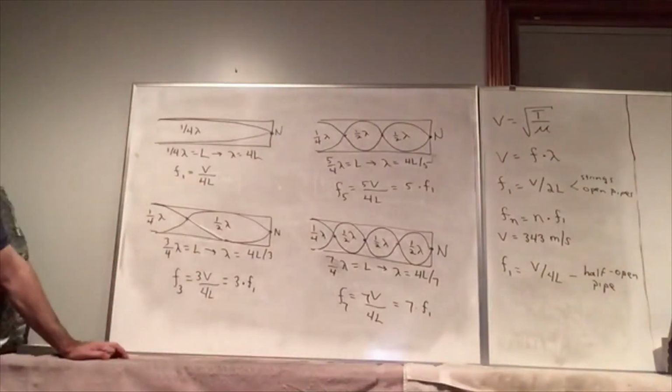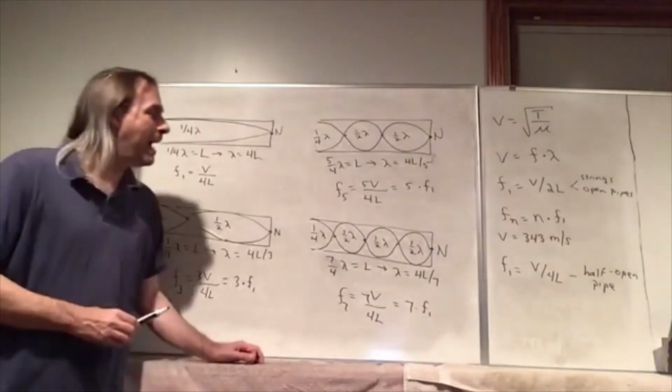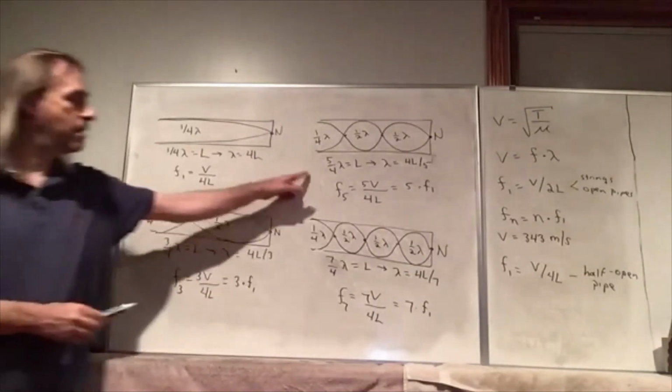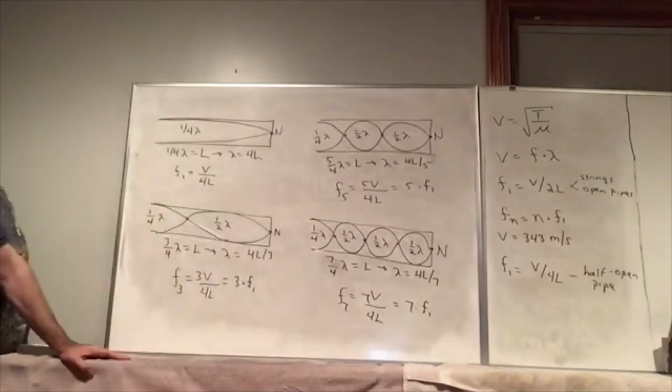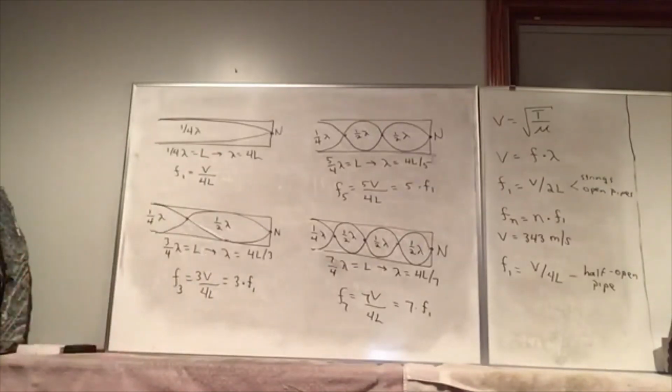So we have F1, the first harmonic, second, third, and so on. For a half-open pipe, we only have the odd harmonics, 1, 3, 5, 7, and so on. And that's it for finding the resonance frequencies.